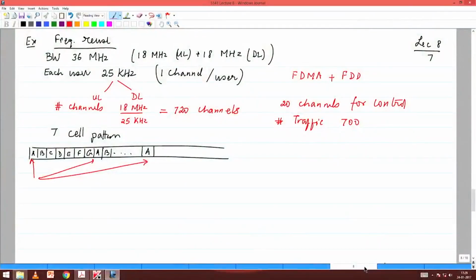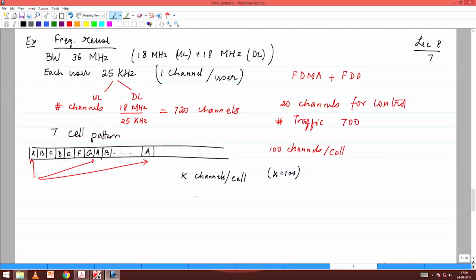So the 7-cell cluster basically means that I have 100 channels per cell. Now here comes the formal frequency planning element of it. So the notation that we will follow is k channels per cell. Assuming that I have k channels per cell, in this case k equal to 100.